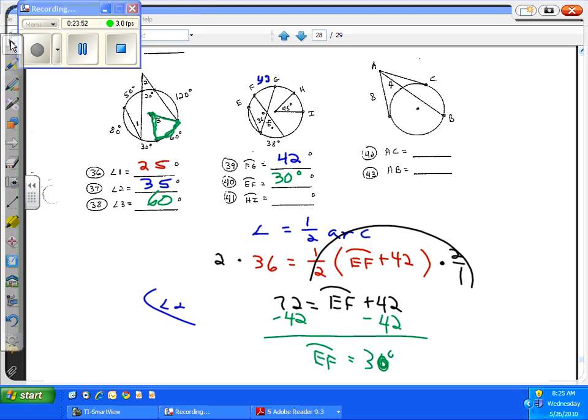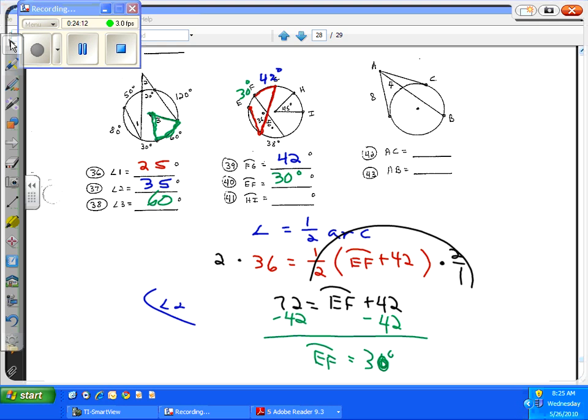Now, let's make that make better sense, just in case it didn't make good sense to you. This is 42 degrees, and we found out that this was 30 degrees. This angle right here has a vertex on the circle.